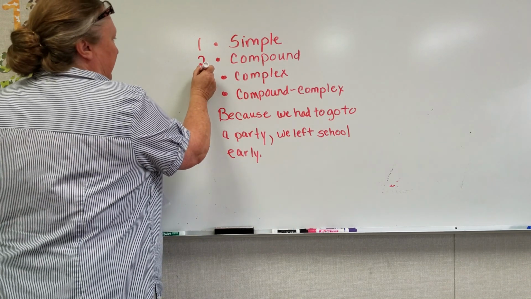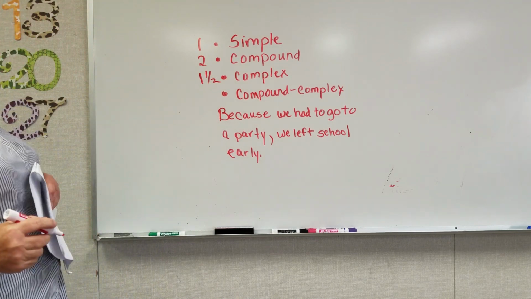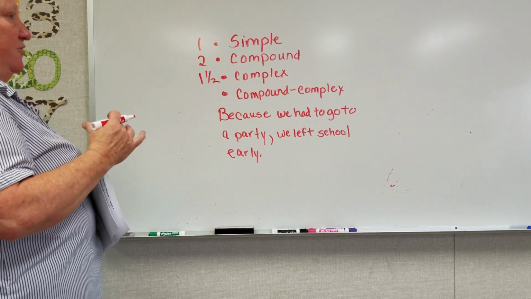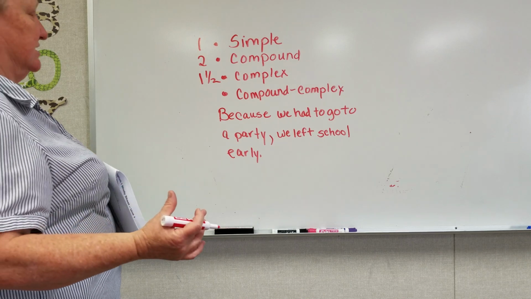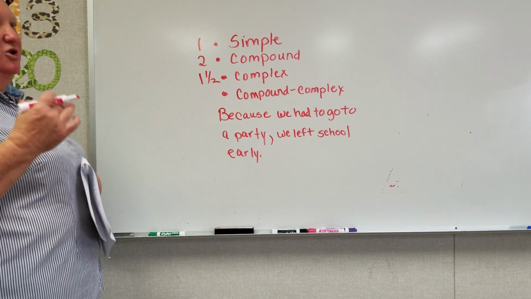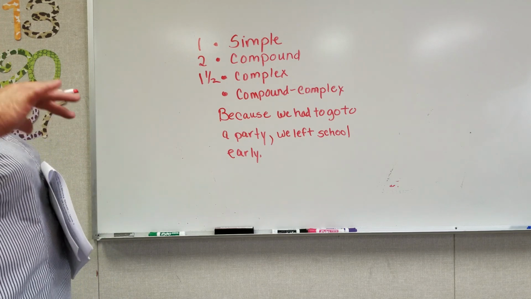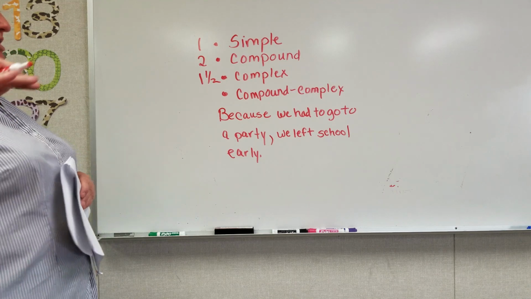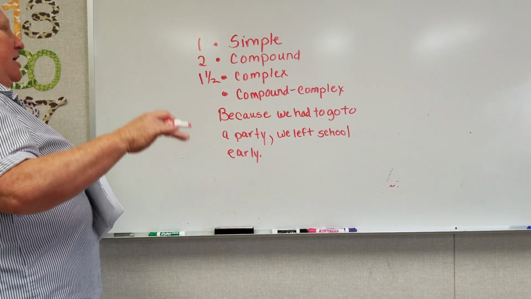I think of complex as 1.5, because a complex sentence pattern has 2 clauses in it, but one of them is subordinate and one of them is a main clause. The subordinate clause couldn't stand alone as a sentence. It's kind of like a semi-truck driving with a trailer on the back of it. The truck part would be the main clause, and the trailer coming behind it would be the subordinate clause.